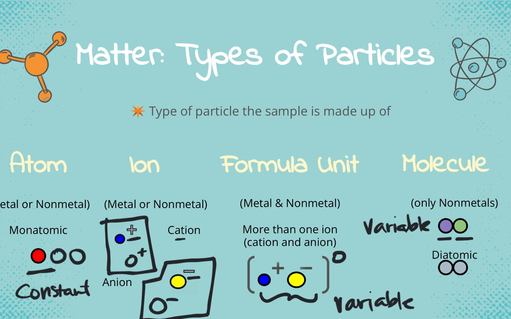And in the second example, you have what we call a diatomic molecule, but it's made up of the same type of atom. So you have two of the same type of atom here. So this molecule would have a constant composition, whereas this top molecule would have a variable composition.